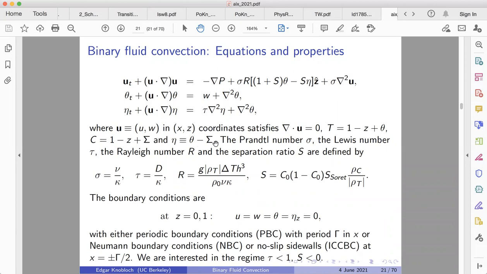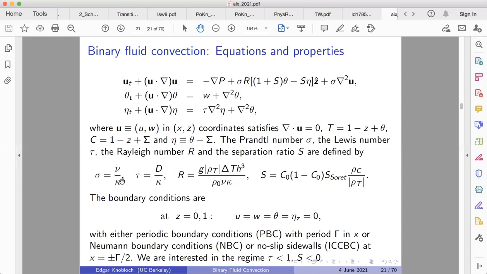It's given by theta minus the fluctuation of the concentration about a linear gradient set up by this cross-diffusion effect. And the reason I do that is because the boundary conditions have to be imposed on eta. The gradient of eta is proportional to the mass flux. And of course, if I have boundaries, then no concentration passes through the boundary. And so d eta by dz has to vanish on the boundaries.